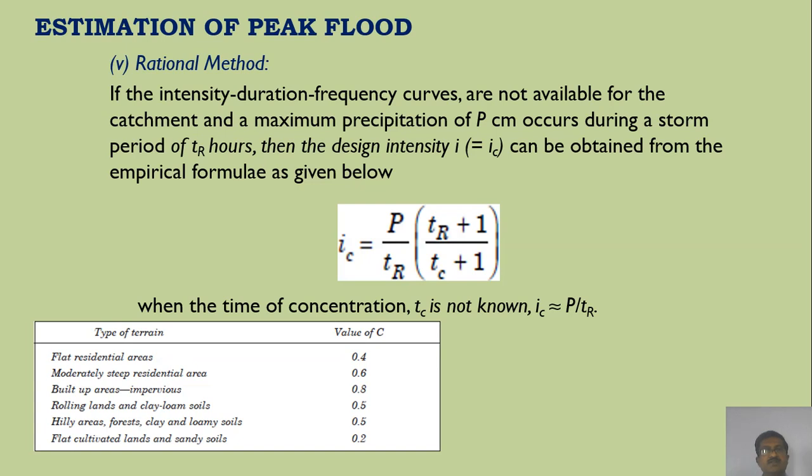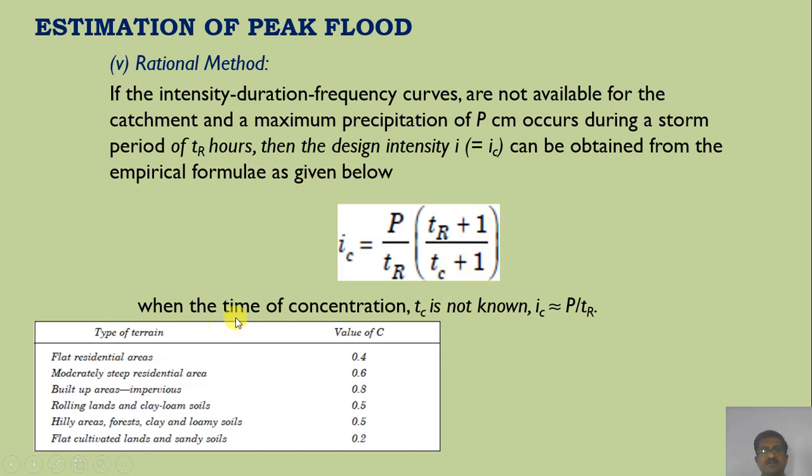If intensity, duration, frequency curves are not available for the catchment and a maximum precipitation of P centimeter occurs during the storm period of TR hours, then the design intensity I, that is equal to IC, can be obtained from the empirical formula as given here: IC is equal to P divided by TR into (TR plus 1) divided by (TC plus 1).